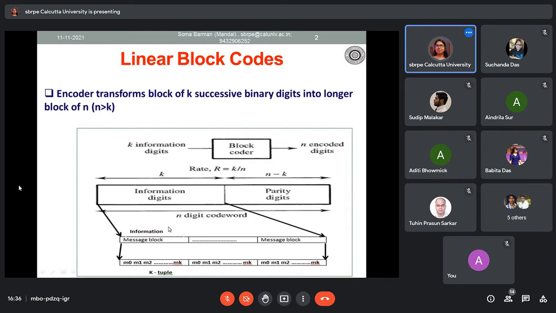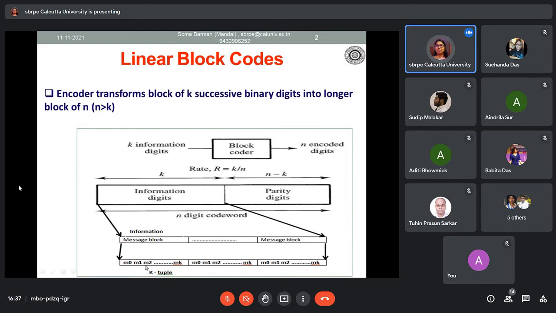So there are a number of packets. That's why this second block is showing a number of packets of information, because your whole information is divided into a number of packets, and each packet contains a number of message bits.